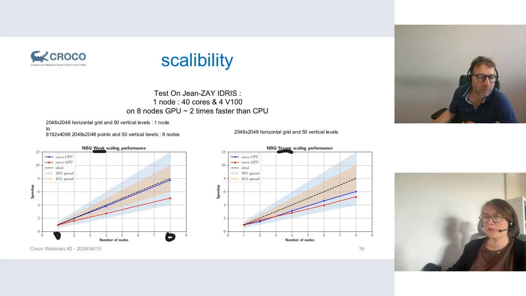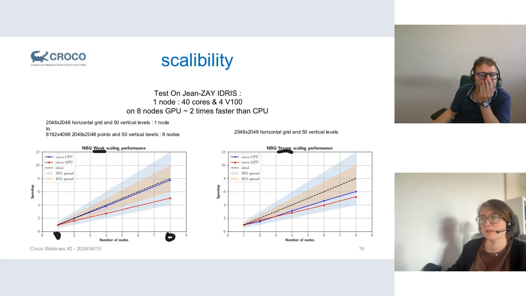I read the next question in the chat, and I see that Swen says that GPU is available since Croco version 2.0. So it's on master, and it's the version you can download from now. And you've got a link inside the documentation.